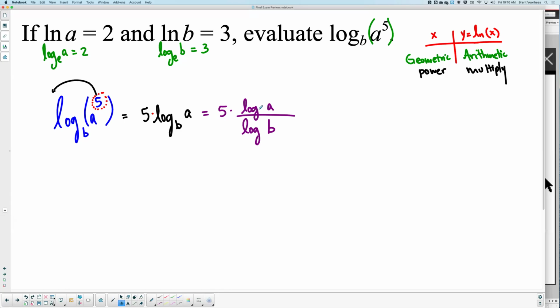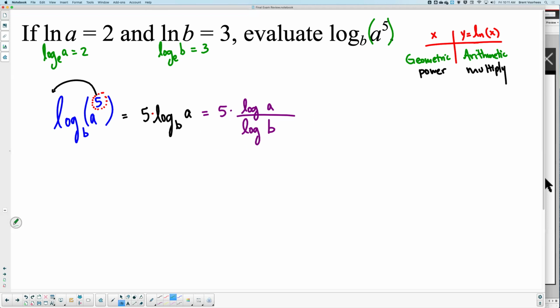Now, we can pick any base whatsoever we want this to be. What base on this problem should we choose it to be? What base was it originally up here? No, it wasn't 2. What was our base originally? What base was it originally, did they give us up at the top? E. So I'm going to choose to have a base of E.